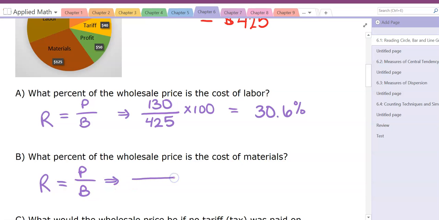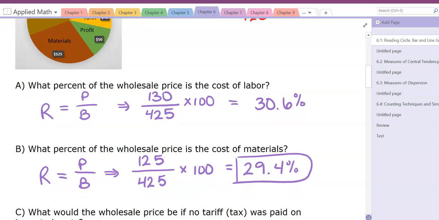What is just the materials amount? Good, 125. So we divide that by 425, then take it times 100. Anybody have that number? Good, 29.4% of the cost is just for materials.